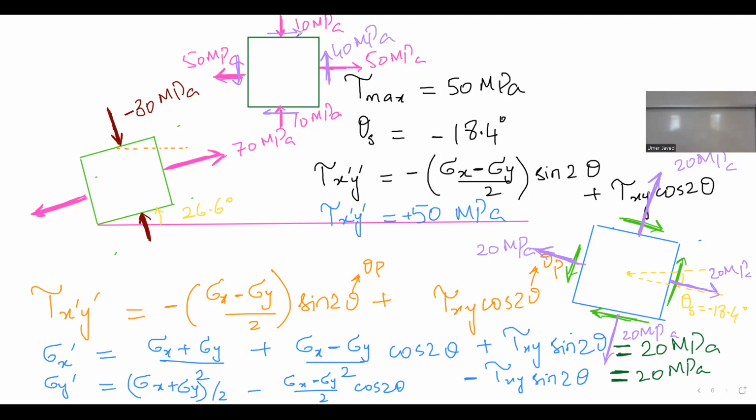Maximum shear stress of 50 megapascal happens at this plane. This definitely is your plane that you might want to be careful about. Then you have principal stresses of 70 and negative 30 megapascal. You may want to be careful about the 70 fellow, let's say. Now this is a decent stress picture that you have got today.